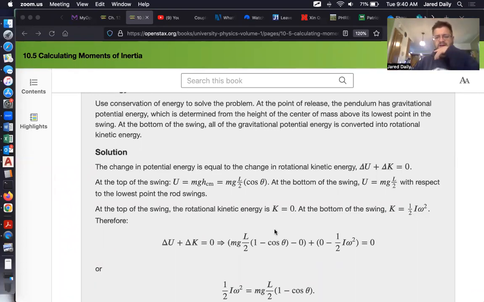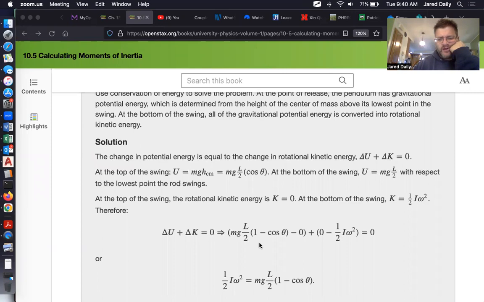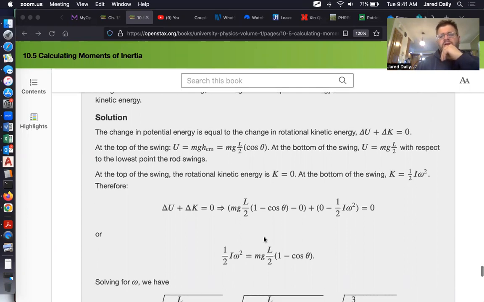I think that this is a typo here because they're getting, well, let's see here. I think that should be the other way around, but if I'm missing something, then you'll have to figure it out. But in the end, you should get this equation.